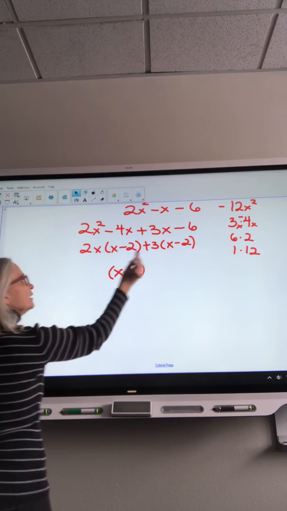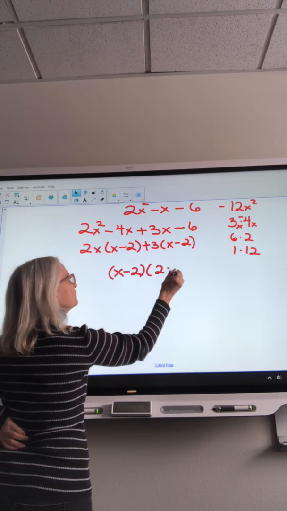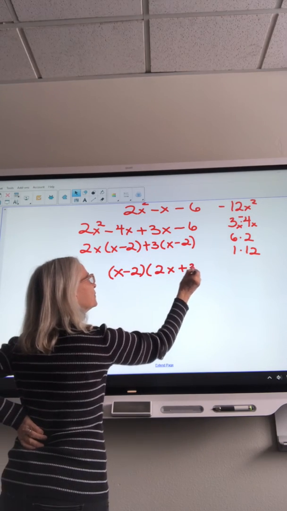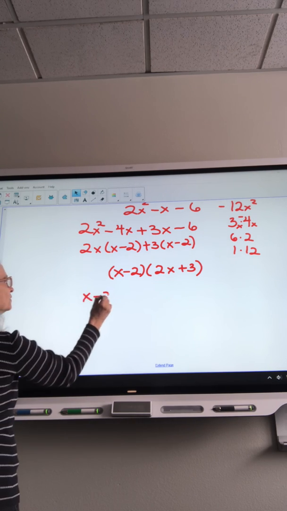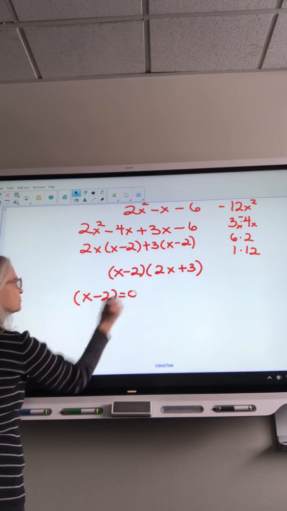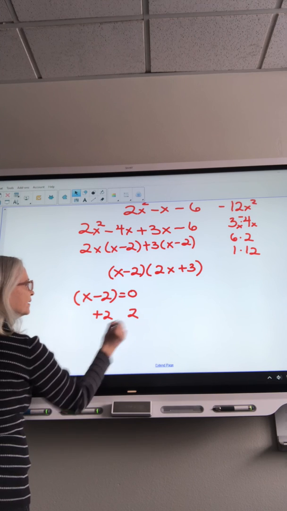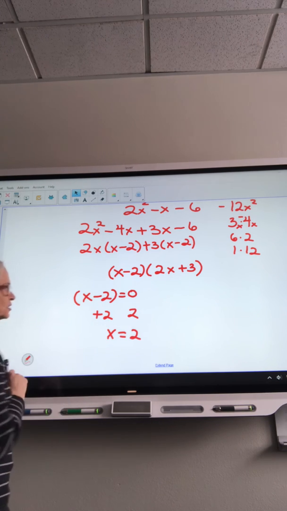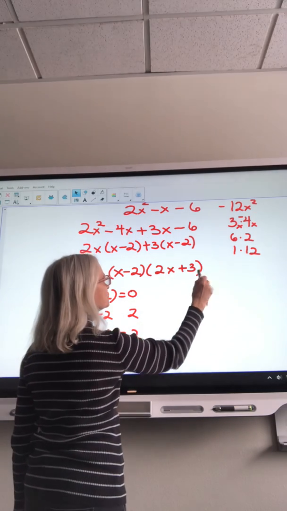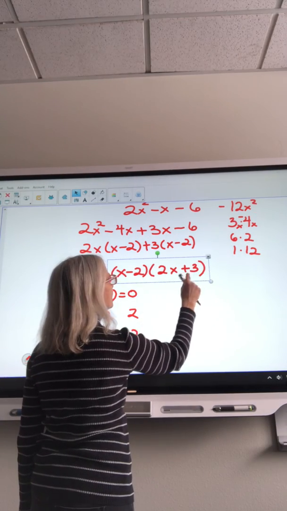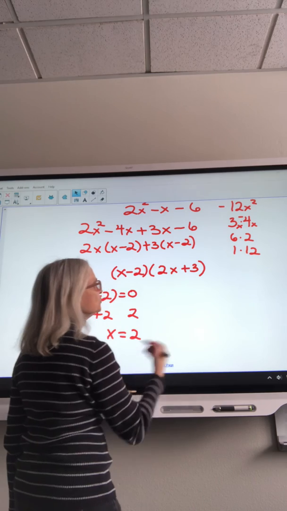Then we have the greatest common factors, which we'll also put in a parenthesis. We'll solve these two parentheses individually. So x minus 2 is equal to 0, so we could add 2. So x would be equal to 2. So we've got one solution there. Then we would also do the same thing for 2x plus 3.